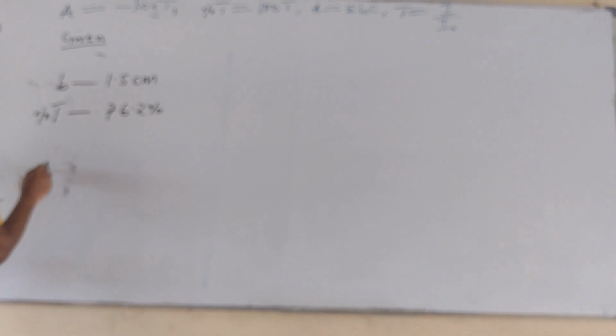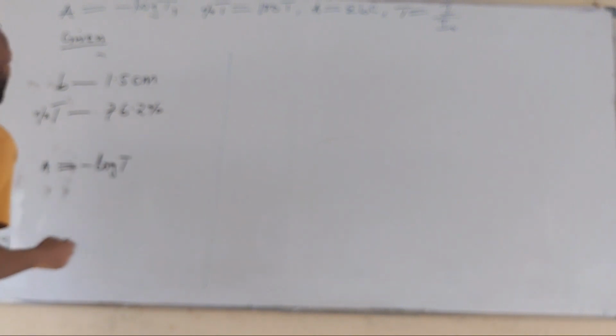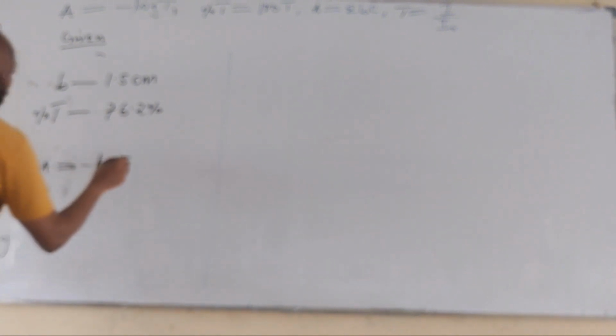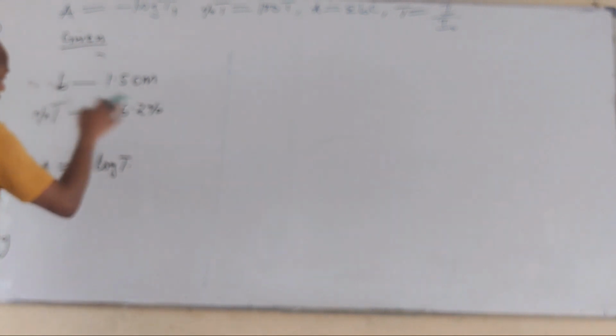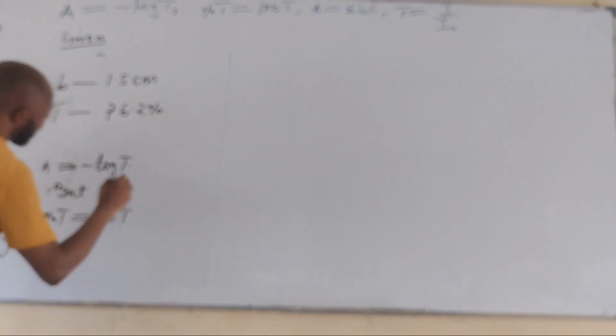So we say absorbance is equal to minus log T. But we don't have T, we have percentage transmittance, so we have to convert the percentage to transmittance. Percentage transmittance is equal to 100 times transmittance.